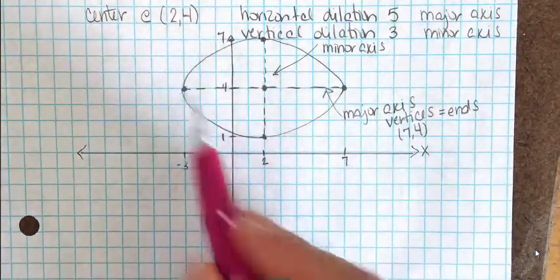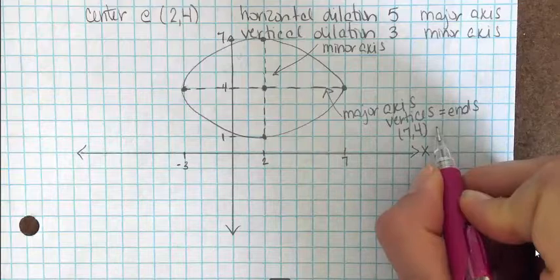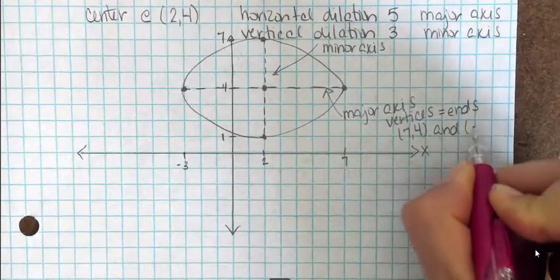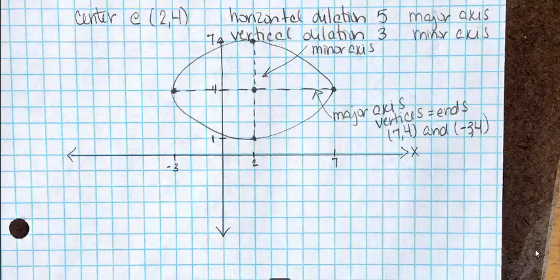And then the other end is going to be (-3, 4). Okay, so on your major axis, you'll have your vertices. Again, those are the ends, and those are the two vertices that we have. All right, moving on to example 2. Let's do one more of these.